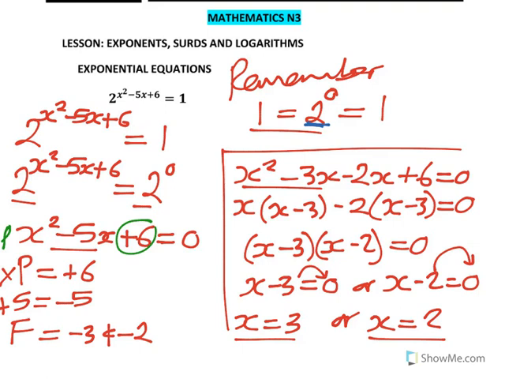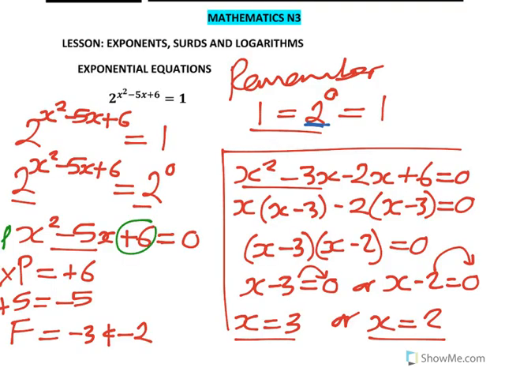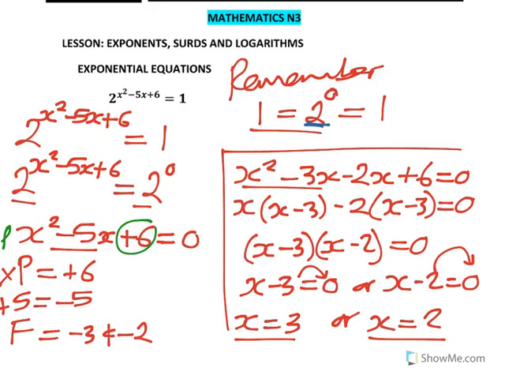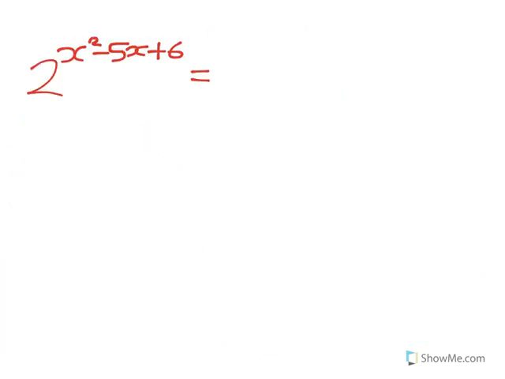Now when you're given that, you can again test your answer. Remember, you are given 2 to the power x squared minus 5x plus 6, that's what they gave us. I can test with just one number. One of the answers we got, we said x was equal to 3. So I'm going to put a 3.